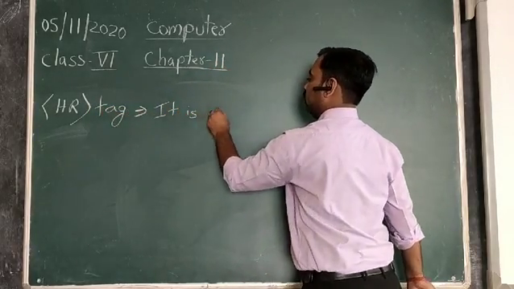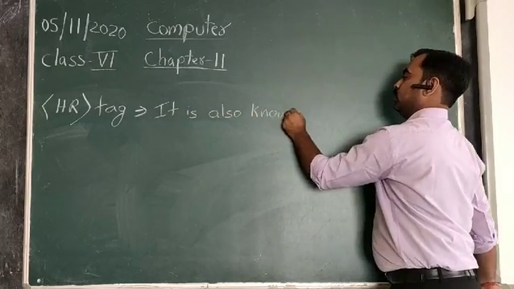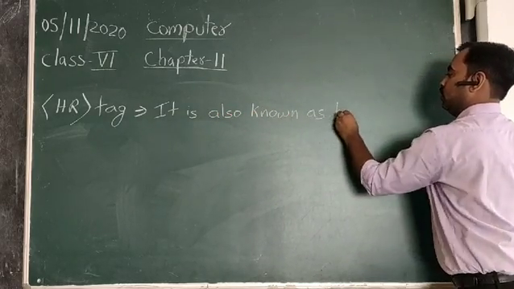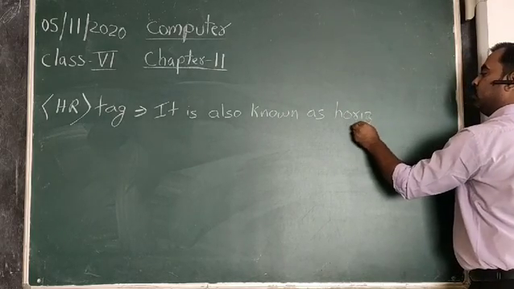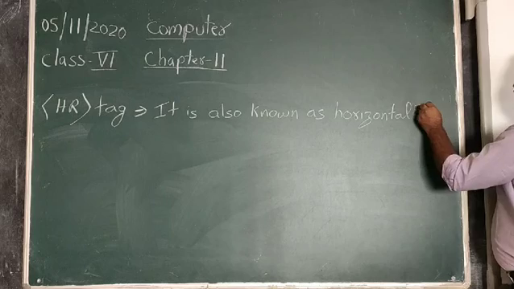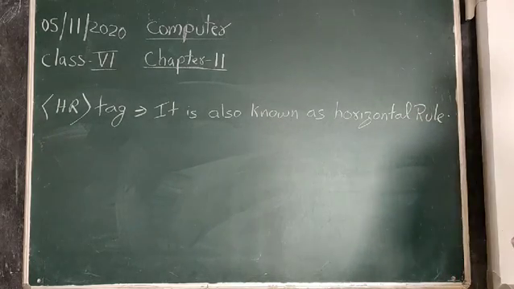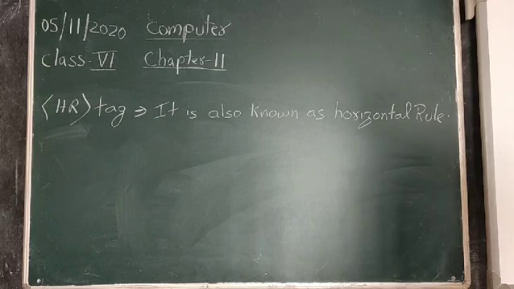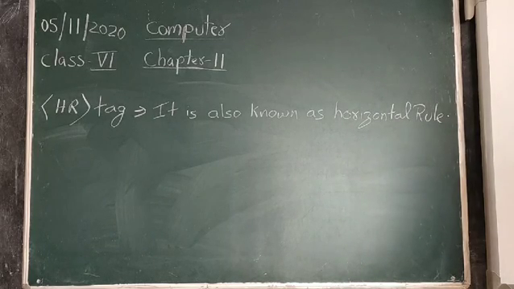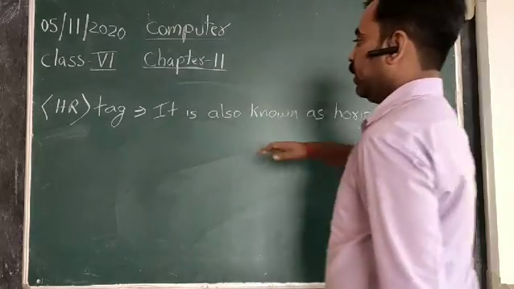It is also known as horizontal rule. It is generally used to draw a horizontal line through a part of the page or to divide the page into two sections.